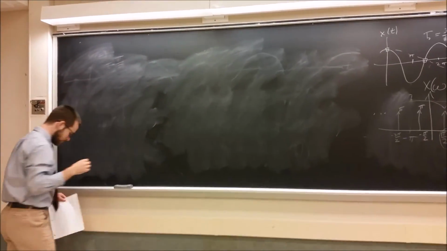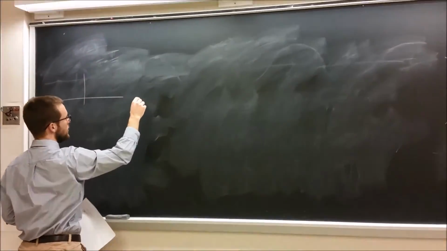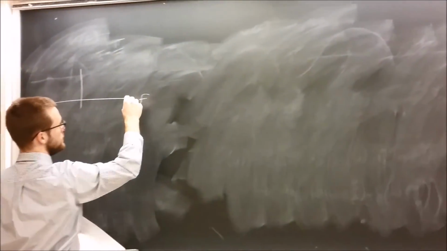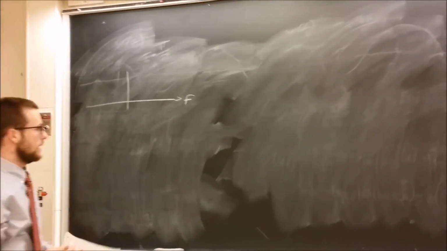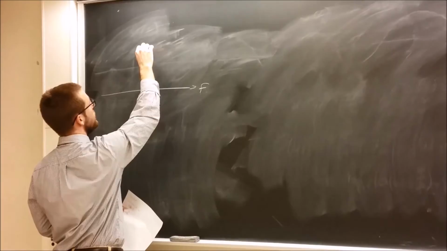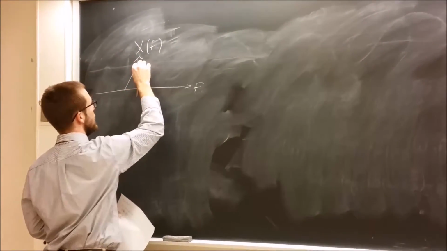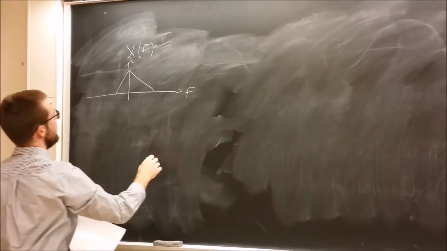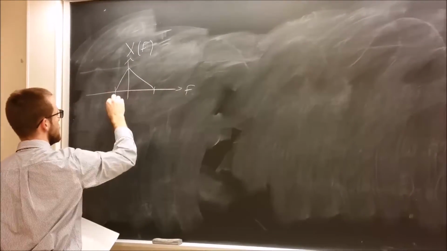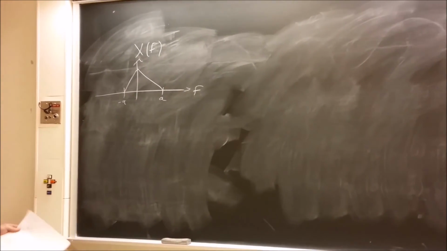And so if we imagine ourselves, say, some weird time domain signal whose Fourier transform is, say, a triangle with maximum of a and negative a.